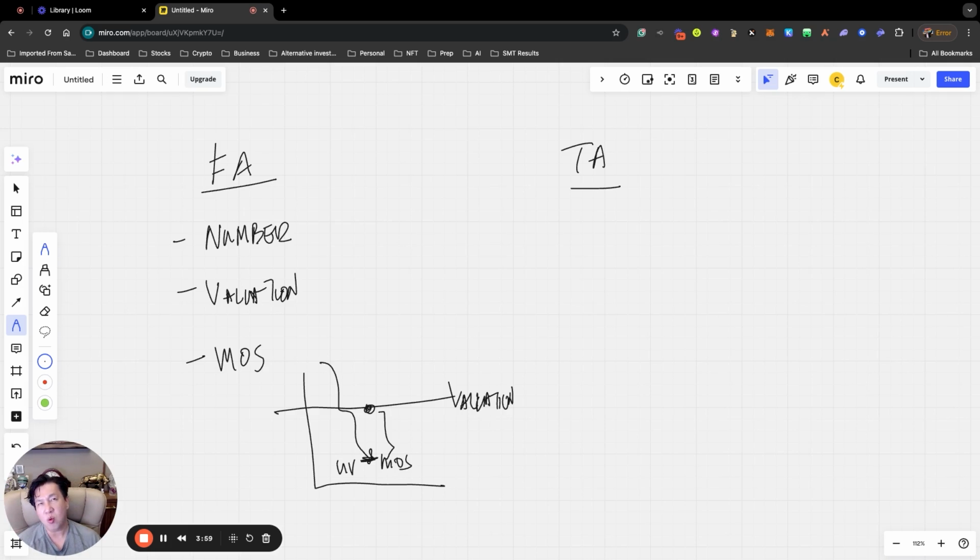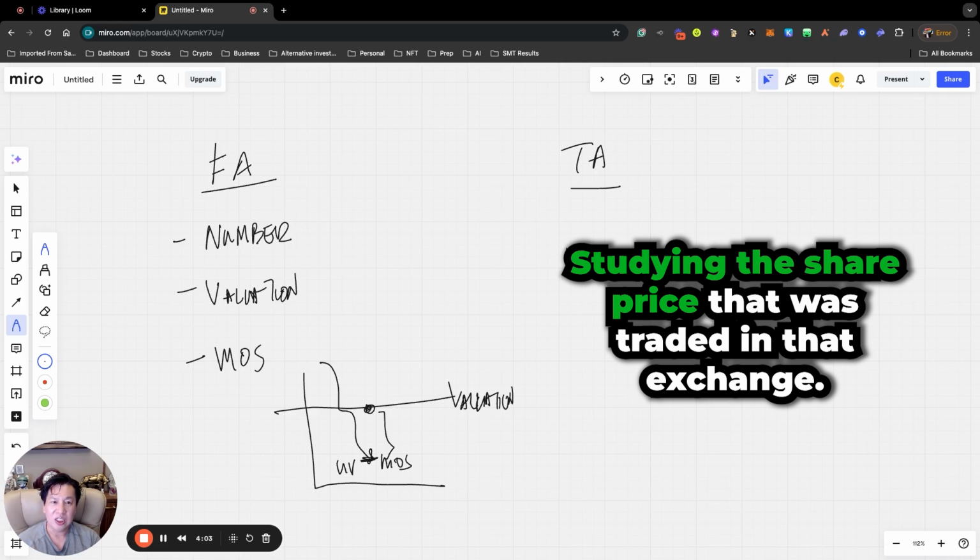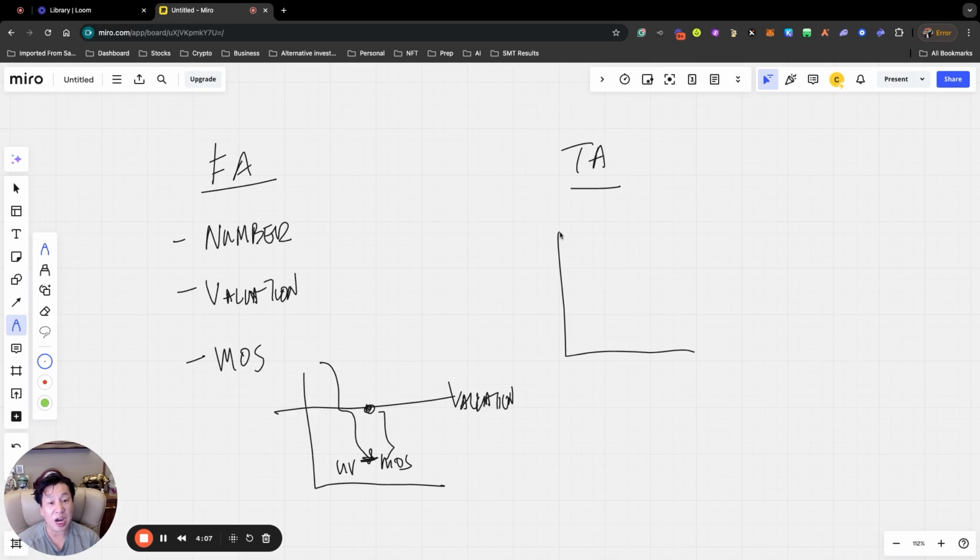So what we do is study the share price that was traded in the exchange. We look at charts and what's happening to the share price traded in the exchange.